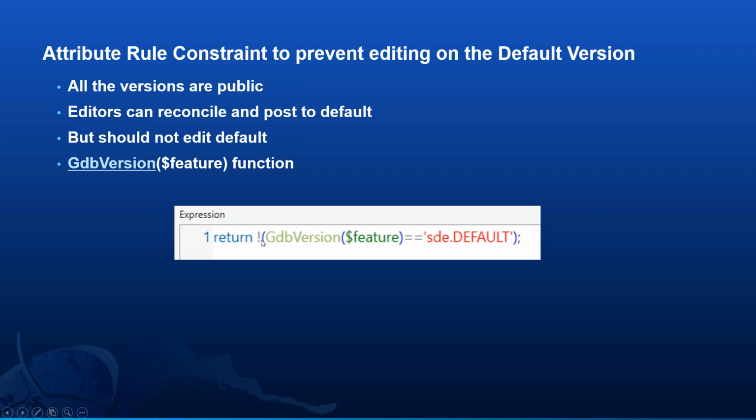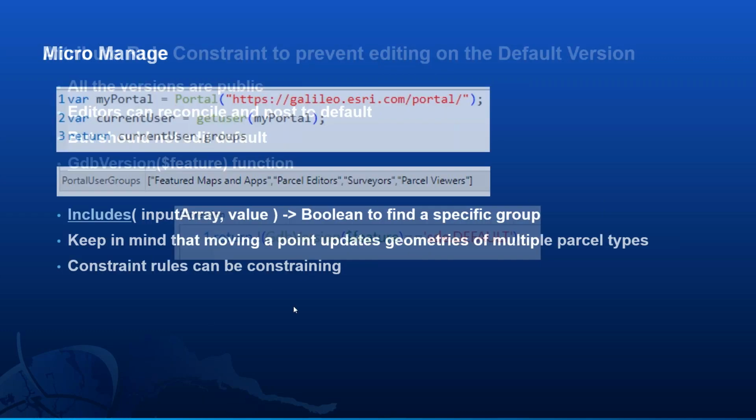And so you can see we want to return false if it's using that version. So we use the exclamation mark to reverse the direction, and if you use this as a constraint rule, it will prevent anyone from editing that table in the default version. So that's kind of preventive medicine to keep people away from default. One way to do that.